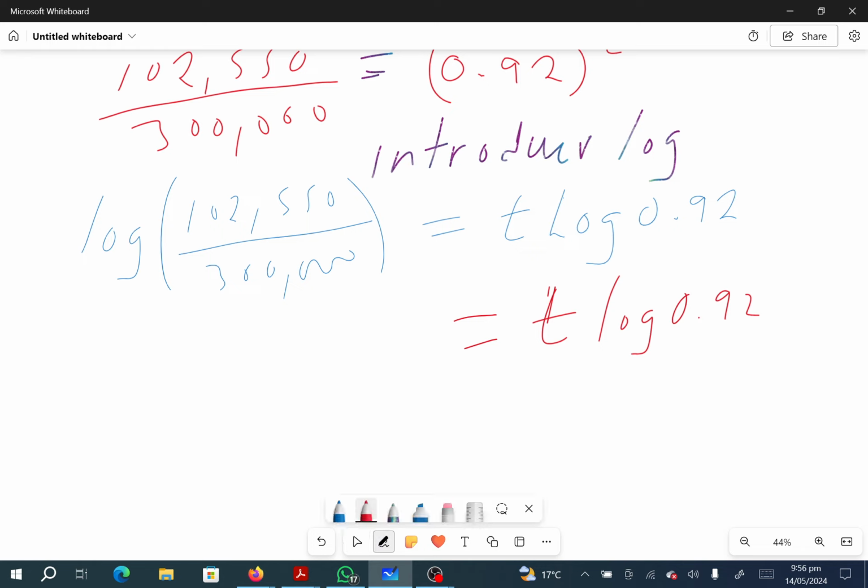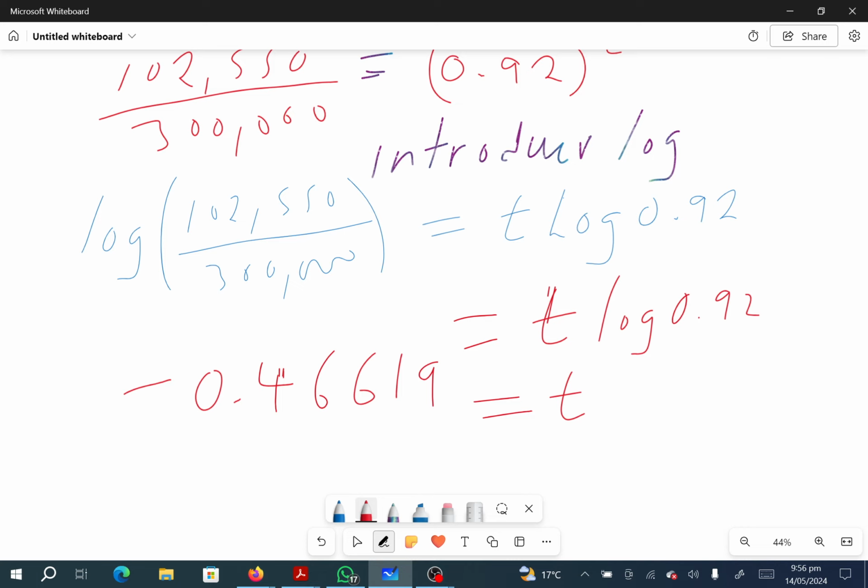On the left side you're getting negative 0.46619, is equal to t times log of 0.92.